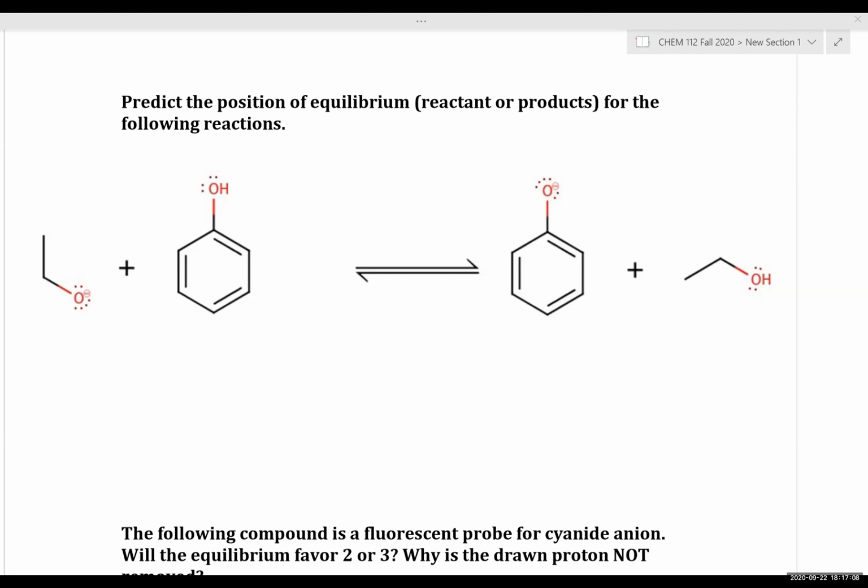So what does everyone think? Is this reaction reactant or product favored, and why? Let's try to get a few more responses in the chat before we discuss in about 30 seconds.